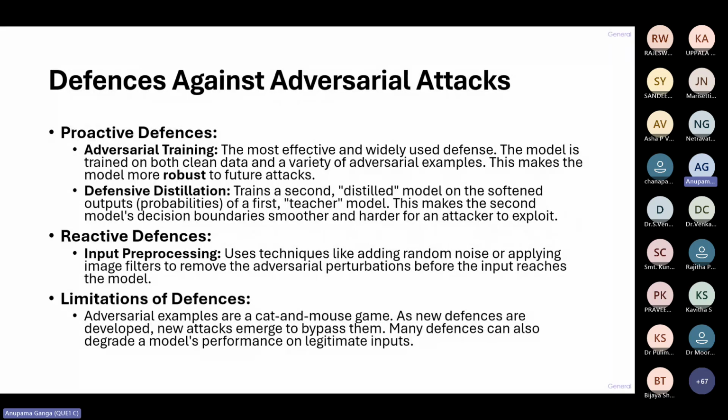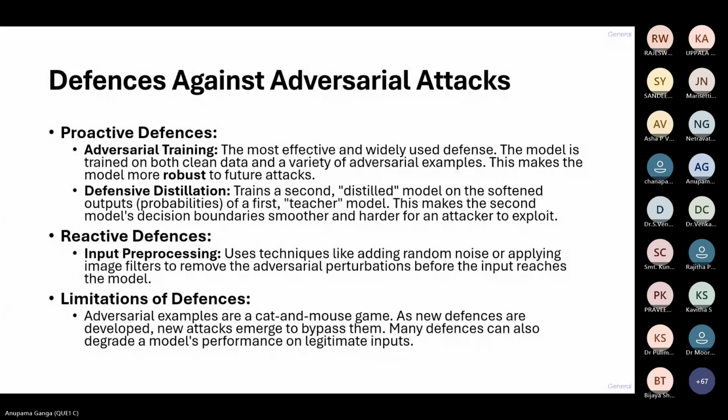And what are the defenses that we can build against these adversarial attacks? So there are proactive defenses. How to do this is train our model with normal data and also adversarial data.